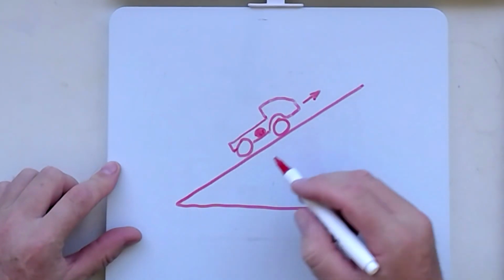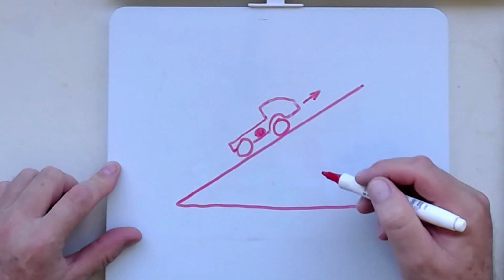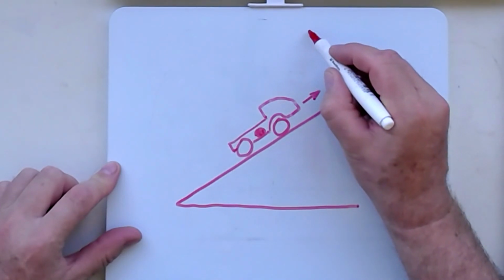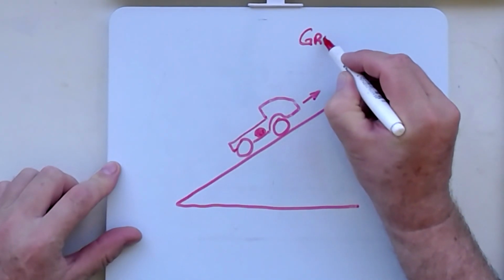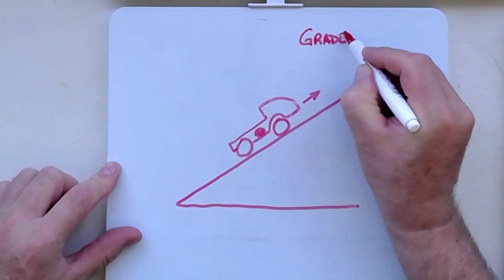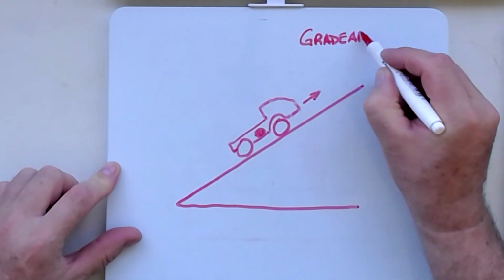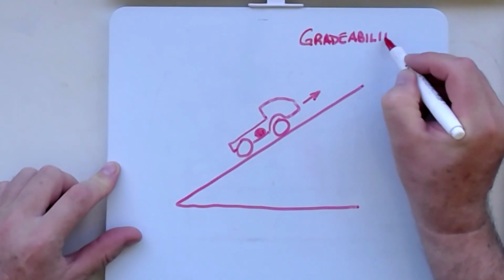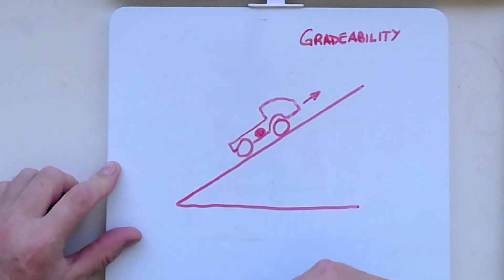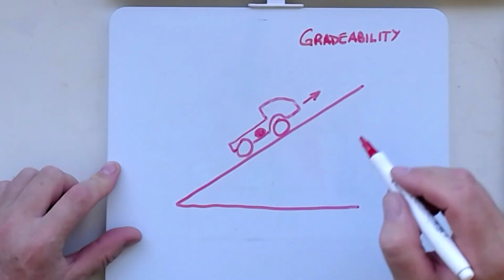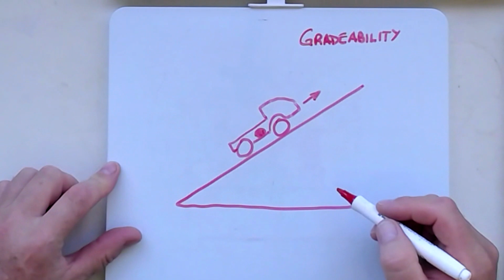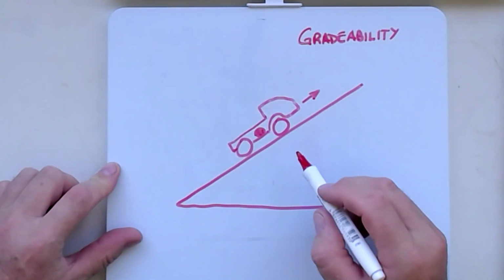The rating of the steepest hill it can go up is its gradability. And that's something you should specify as part of your design.